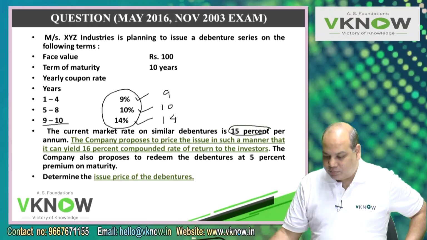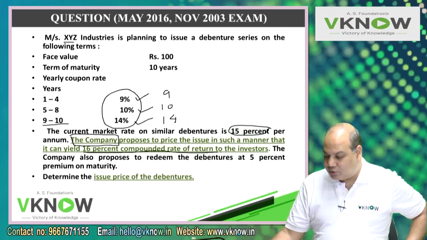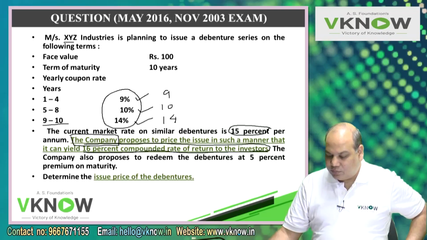The company, XYZ, proposes to price the issue in such a manner that it can yield a 16% compounded rate of return to the investor. Now this company says, I will issue the bond at such a price that the investor will earn a 16% rate of return.